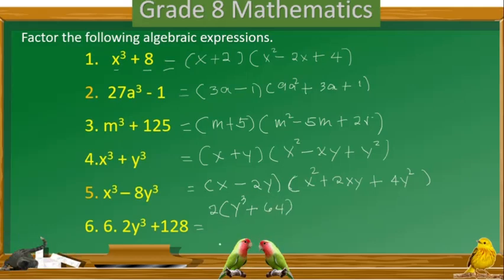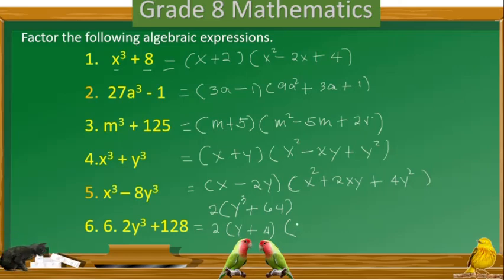Okay, so now we just copy the number 2. Then we're going to find the cube root of the first term. The cube root of y cubed is y, plus the cube root of 64 is 4. Then next, we have to find the square of the first term, which is y.